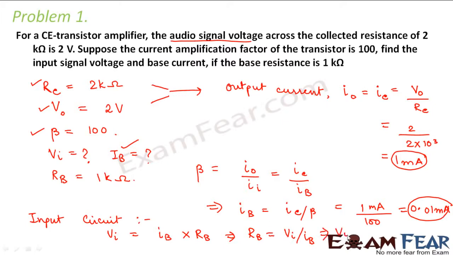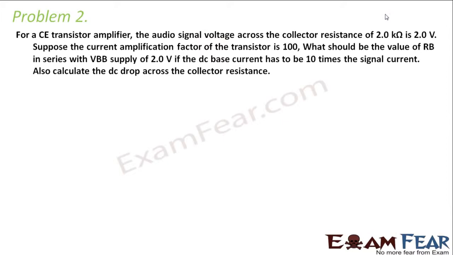I had to calculate input voltage. So input voltage will be equal to IB into RB. What is IB? 0.01 milliampere, and RB is equal to 1 kilo ohms. So input voltage comes out to be 0.01 volts.